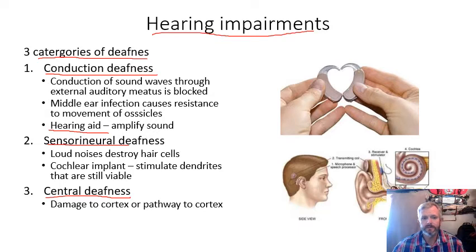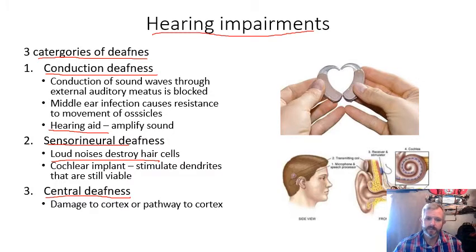Okay, the second, sensorineural. This is where damage comes to those hair cells. You've gone to rock concerts all through your youth, and you've damaged your sensory cells. Right, you're not going to be able to sense those sound waves coming in. Or there could be genetic damage to those hair cells, but the pathways to the brain work fine.